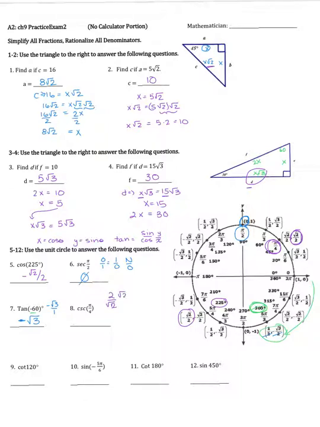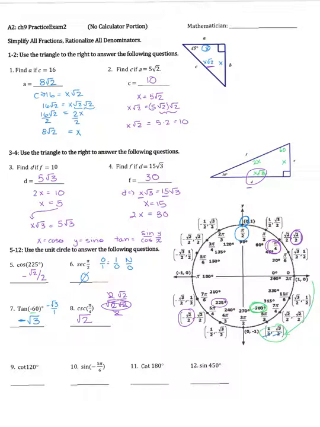To rationalize that, we're multiplying by rad 2 over 2, which is the same thing as 1. Remember, this now is going to simplify to 2. My 2's will cancel, and I'm left with just rad 2. So there is another shortcut, but for right now, that's probably the best way to go, okay?